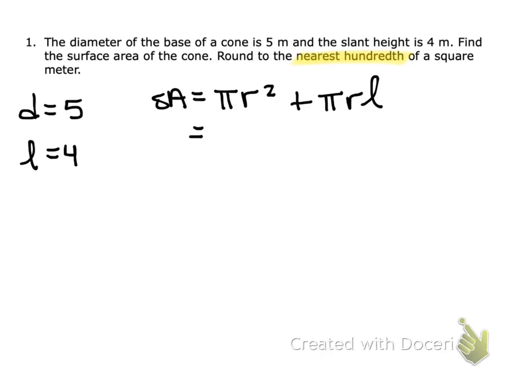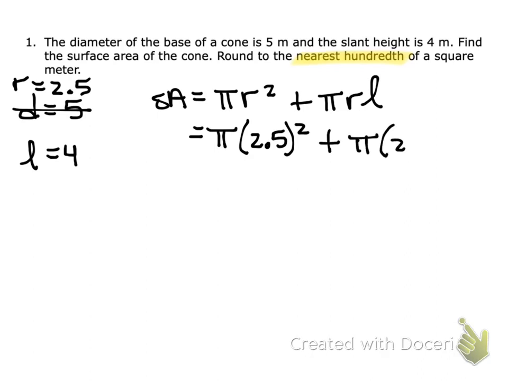Why not, Annika? Good. So R is going to be 2.5. So pi times 2.5 squared plus pi times 2.5 times 4.